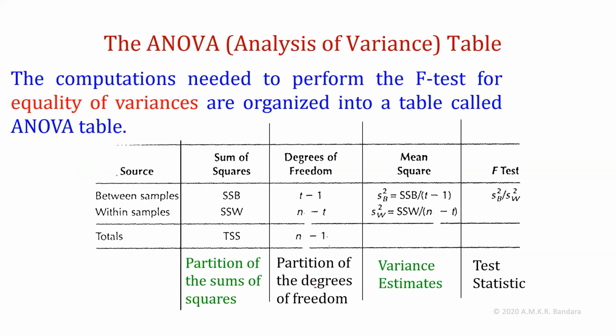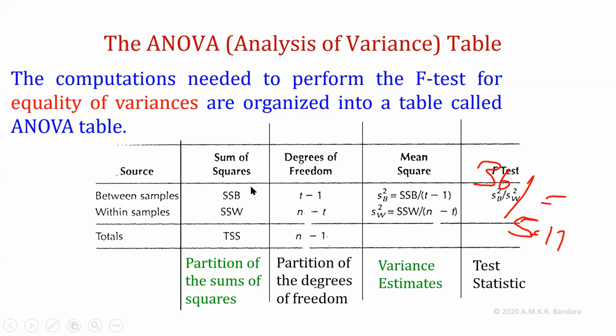So this is the 36. 36 divided by 5 point something, 36 divided by this value 5.11. So this will be the calculated F value.